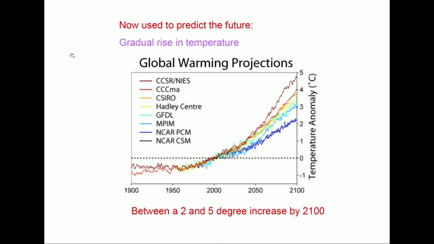And the wisdom here is that by running different models, we can compare one against the other. This blue model here is the American model. NCAR is the National Centre for Atmospheric Research, predicting a 2-degree increase by the end of the century. The brown model is the Japanese model, predicting a 4.5 degree. These are all consistent with varying levels of carbon dioxide they predict going in.